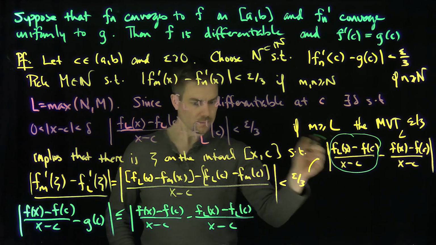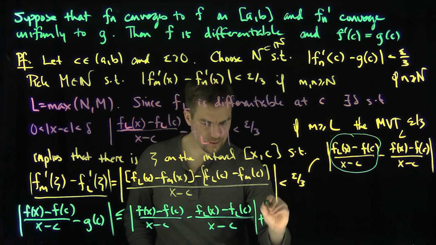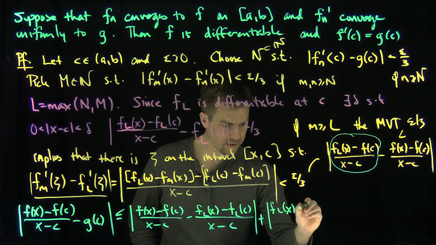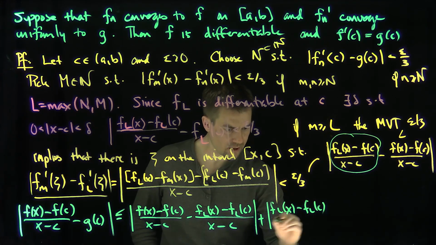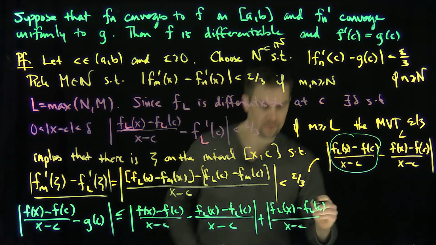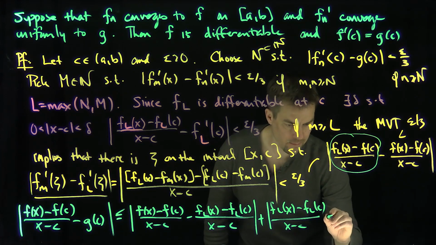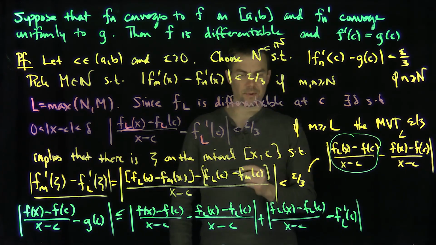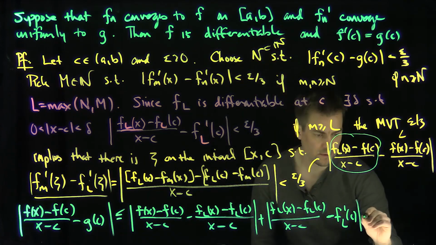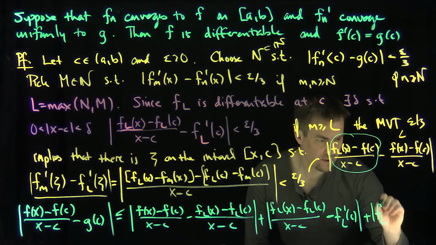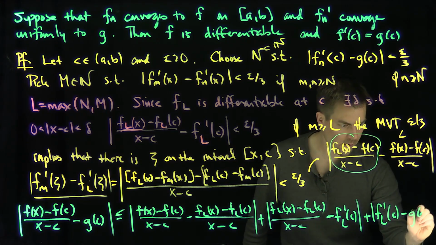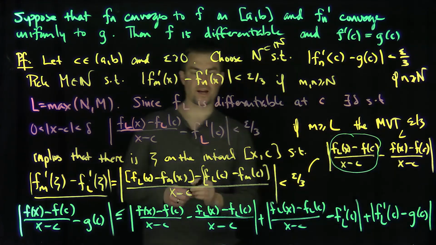Then I'm going to have to add that in, so I have f_L(x) minus f_L(c) over x minus c. And from this, I'm going to subtract off f_L prime of c. And the last term is plus f_L prime of c minus g(c). So I have these 3 terms to estimate over here.